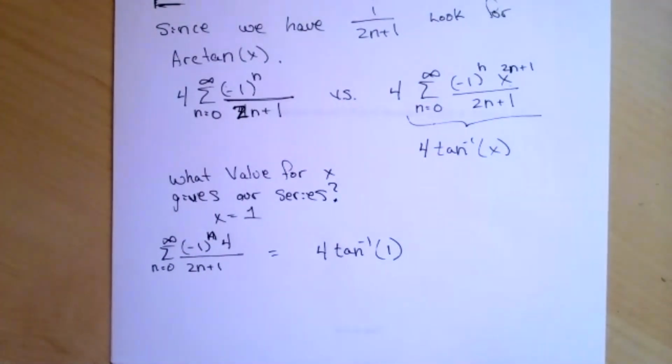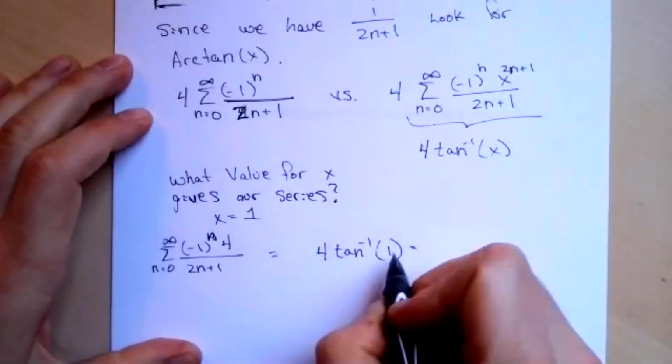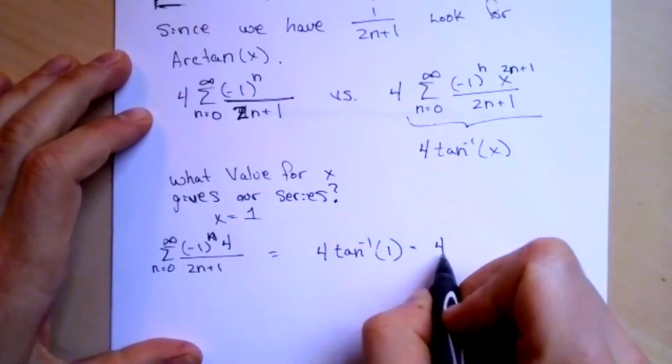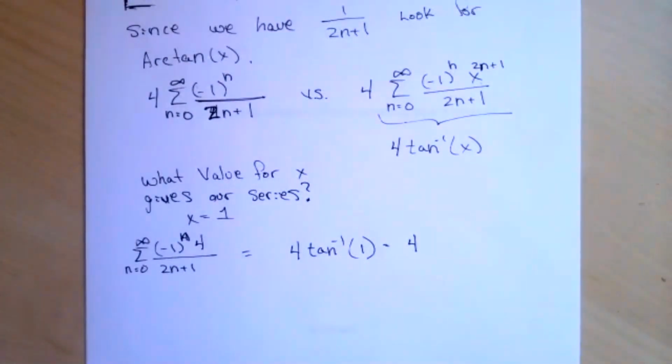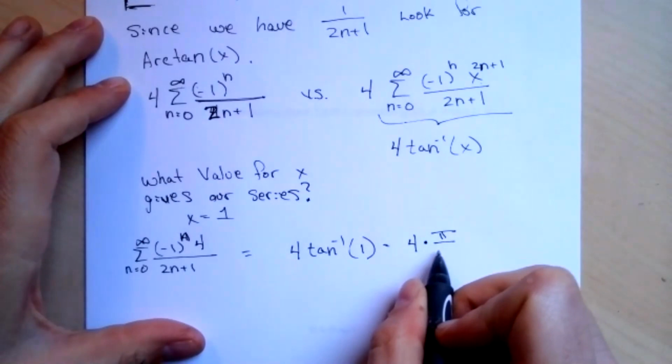And what's arctan of 1? Everyone knows and loves, and knows how to evaluate our inverse trig functions. Arctan of 1 is pi over 4.